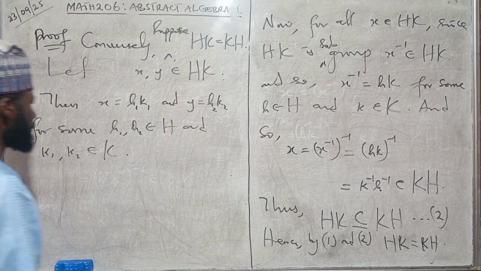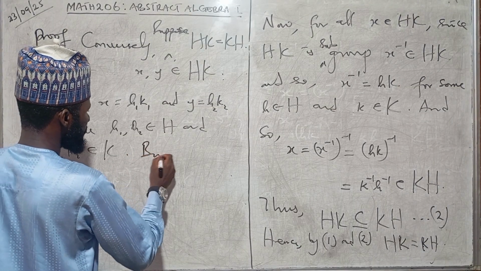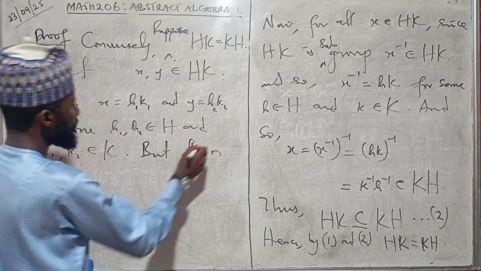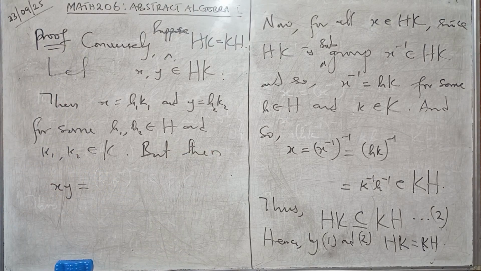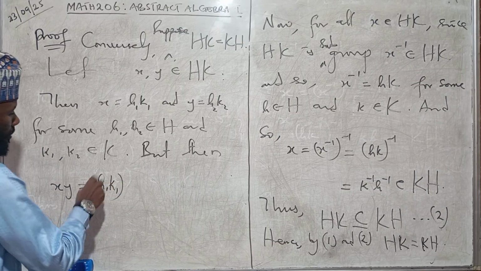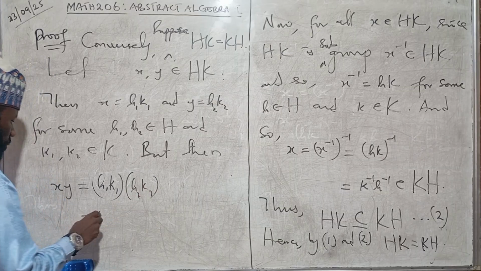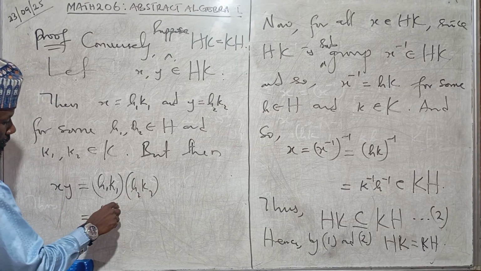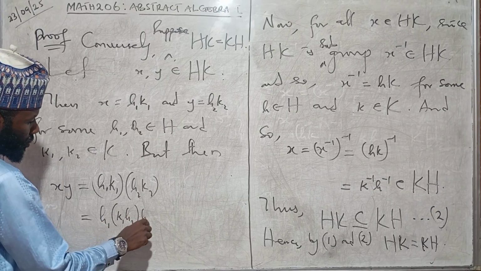Is this okay? But then if you take the product XY, this would be equal to H1 K1 times H2 K2, which is equal to H1 K1 H2 K2.